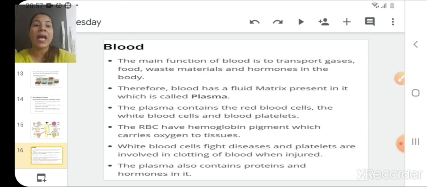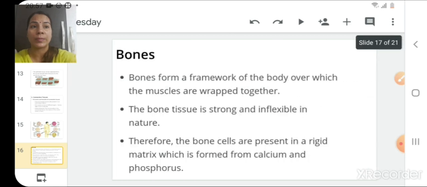The RBCs have hemoglobin pigment present in them, and this hemoglobin pigment carries oxygen to the tissue. White blood cells fight against diseases, and platelets are involved in clotting of blood when there is any injury or cut in the body part. The plasma also contains proteins and hormones.